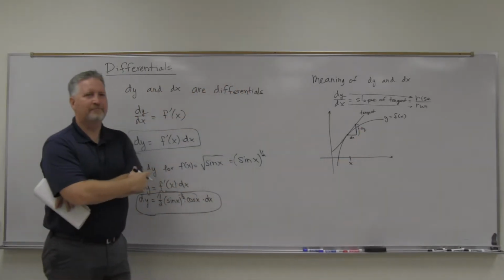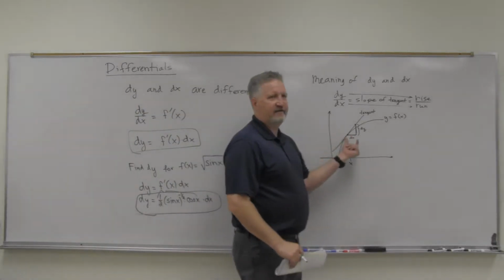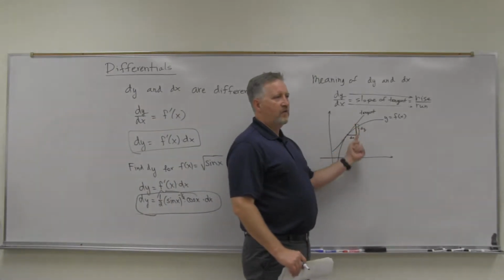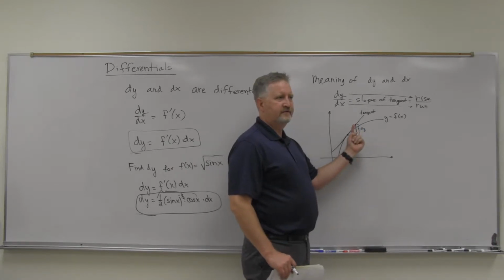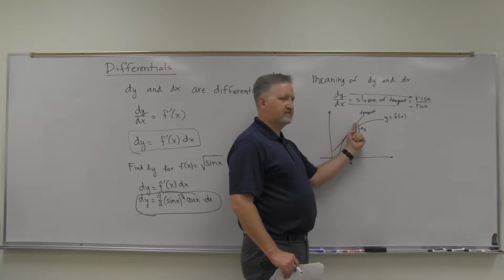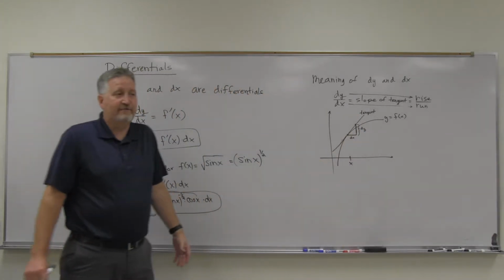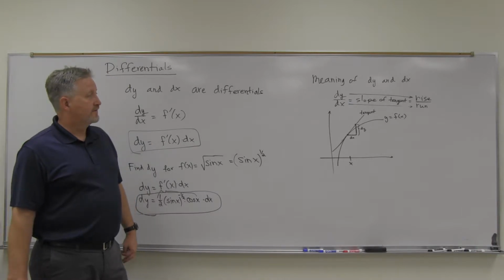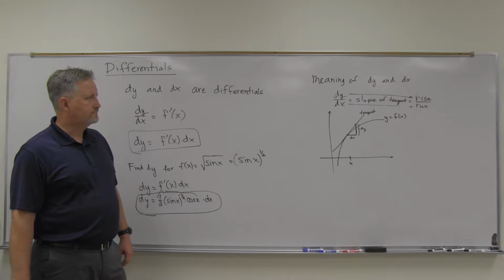With me there? Like I said, they will usually give you this dx, and so the dy corresponding is just that rise to that tangent line. Right? Because that's the run, that's the rise. That's the meaning of dy dx if you look at it on the graph there. Okay?